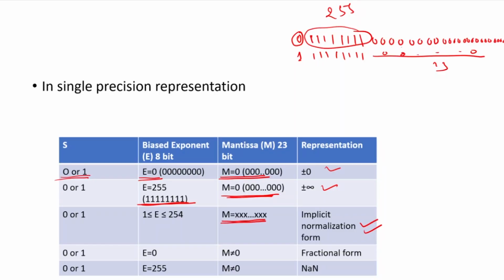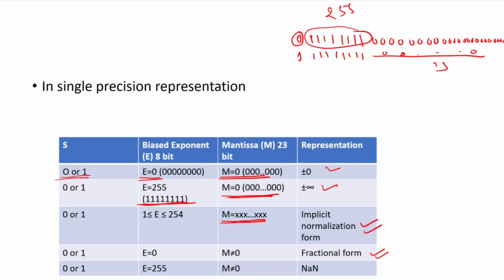When the sign bit is 0, it represents a positive number, and when the sign bit is 1, this represents a negative number. Similarly, what happens when the exponent is 0, meaning all 8 bits are 0, and m is not equal to 0? This represents the fractional form, meaning the explicit normalization form of a floating point number.